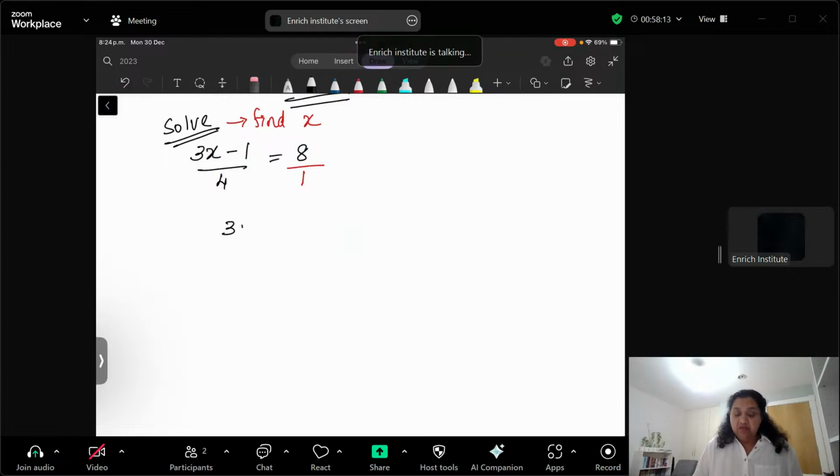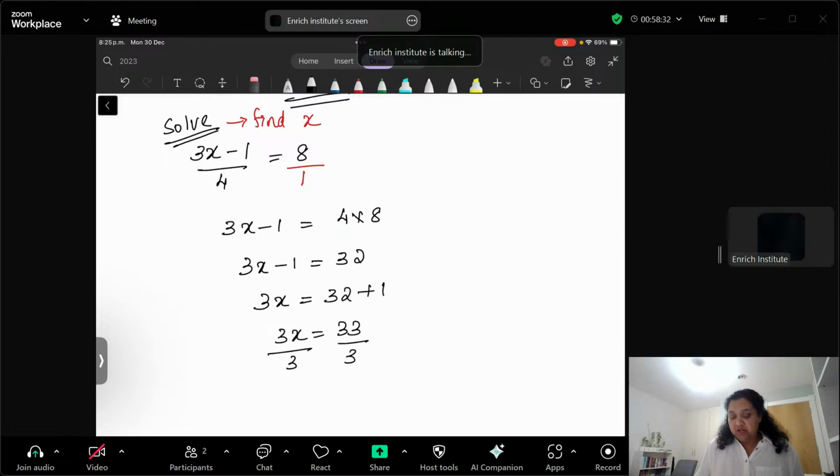So this will be 3x minus 1 is equal to 4 times 8. So 3x minus 1 is equal to 32. 3x is equal to 32 plus 1. 3x is equal to 33. Divide by 3, divide by 3, and x is equal to 11.